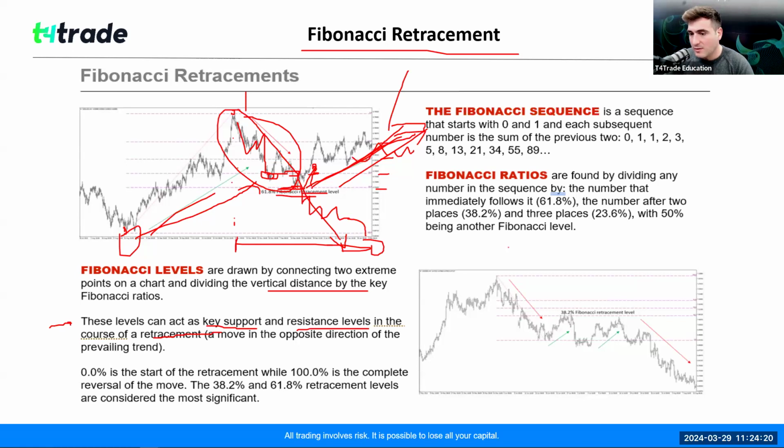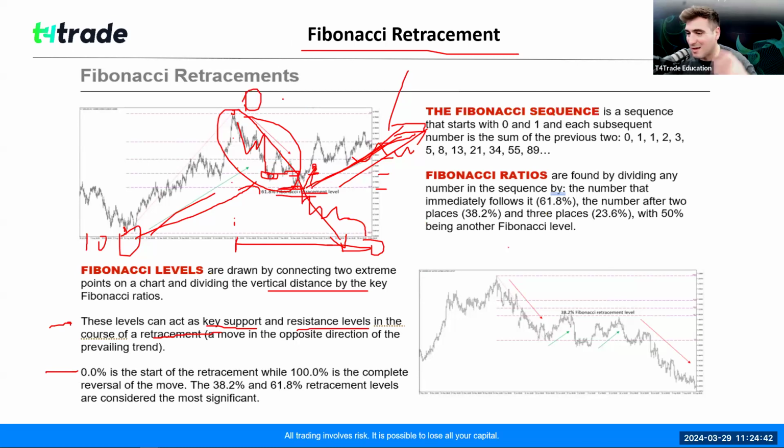The 0% is the start of the retracement, where 100% is the complete reversal of the move. I branded this differently, but it's the same thing from my point of view. 100 is essentially this, and this is 0.